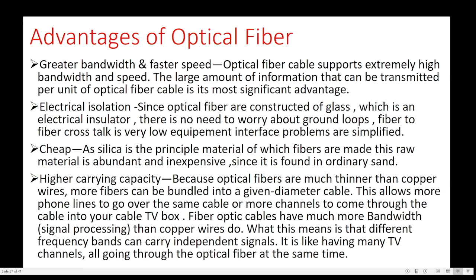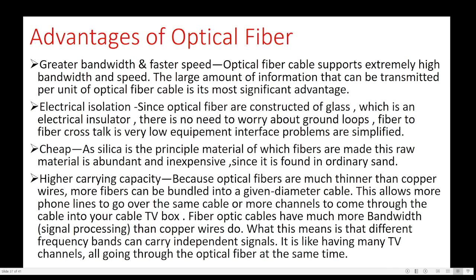Higher information carrying capacity, because optical fibers are much thinner than copper wires or aluminum cables. More fibers can be bundled into a given diameter of cable. This allows more phone lines to go over the same cable or more channels to come through the cable into your cable TV box.